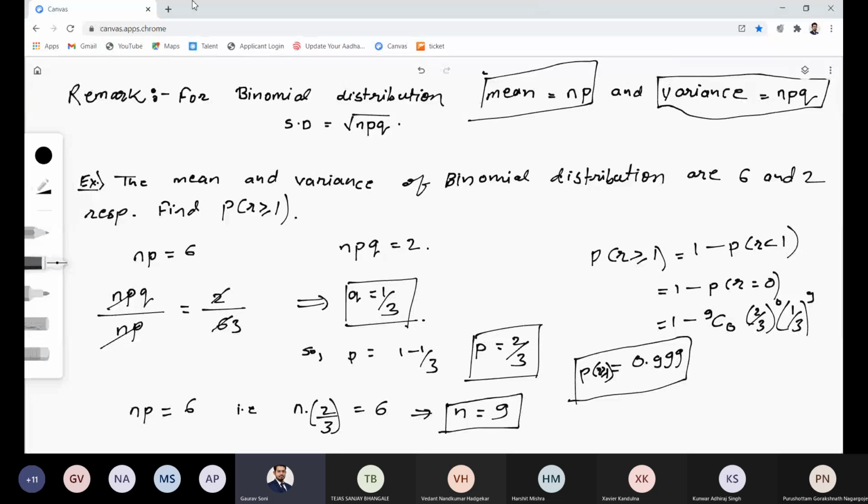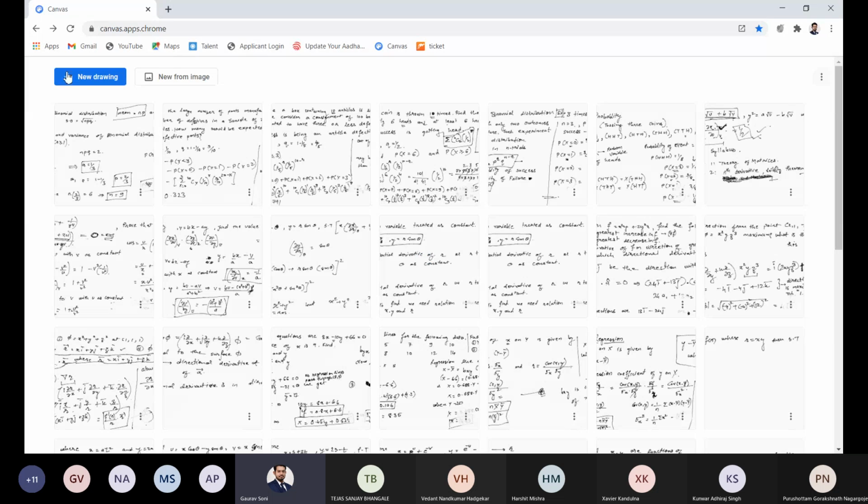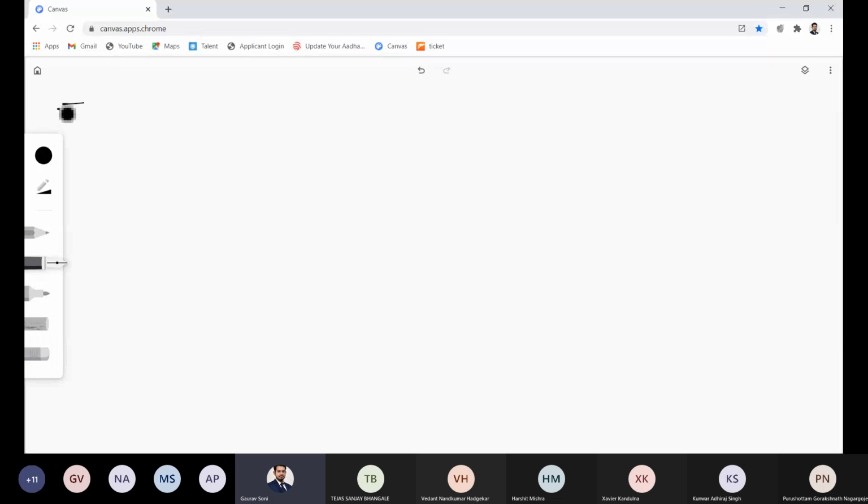Now, I'll give you two sample spaces, or I'll define the random variables.